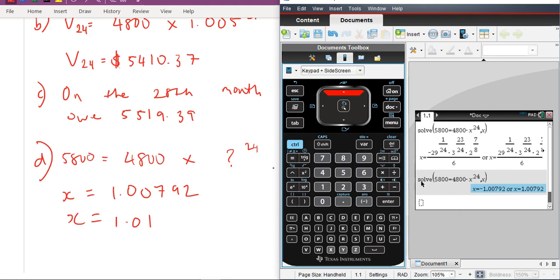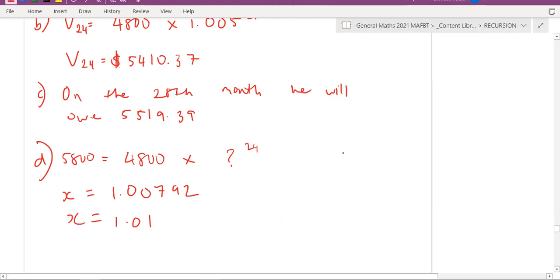Now, the tricky part here is that this is not the final answer. This is just the R value. You've got to figure out what's the original percentage rate of this. Do you remember that formula I showed you guys to find the percentage? It's going to be R take away 1 times 100.